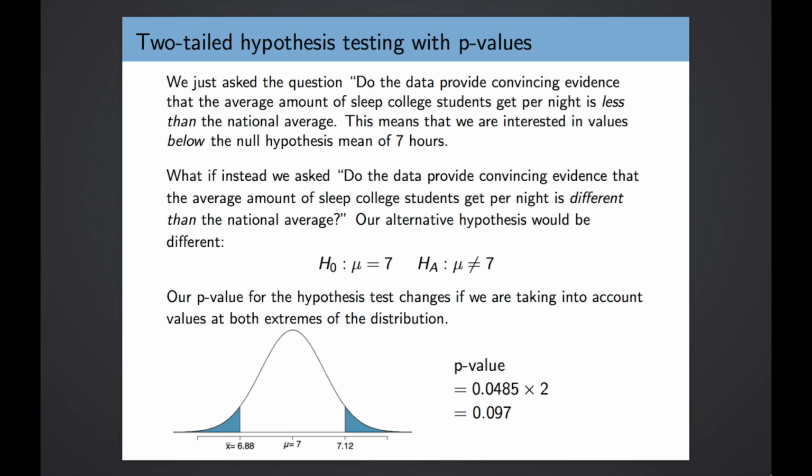But if you don't have a directional hypothesis, if you are doing a two-tailed hypothesis test, then what you would do is you would look for the area below that cutoff, 2 standard deviations below the mean, and above 2 standard deviations above the mean. You would look at the area under the curve that far away from the mean in both directions. So that's obviously going to be more area under the curve, which is going to make your p-value higher.